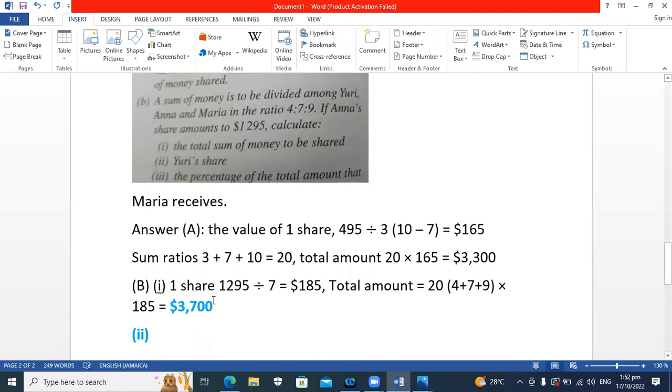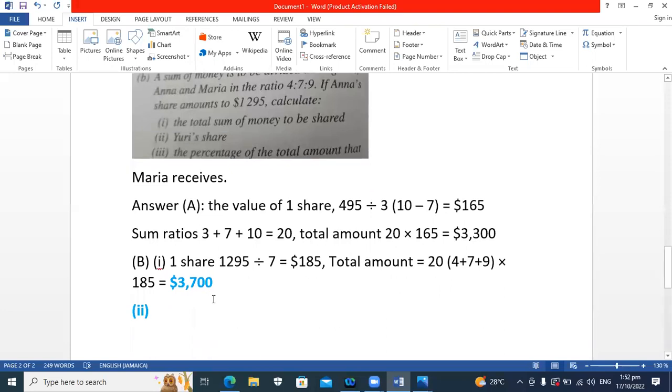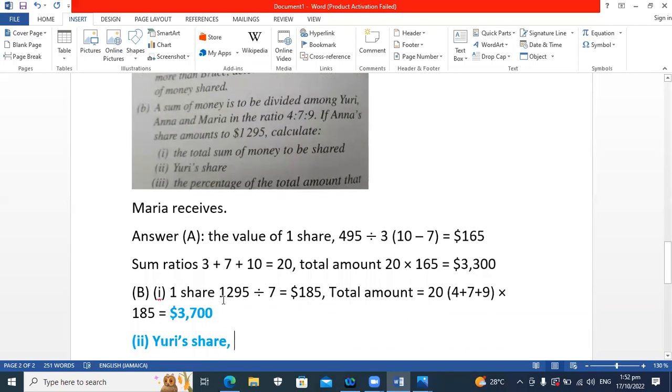All right. Part two says calculate your share. So if you know the value of one share, your share will be 4.